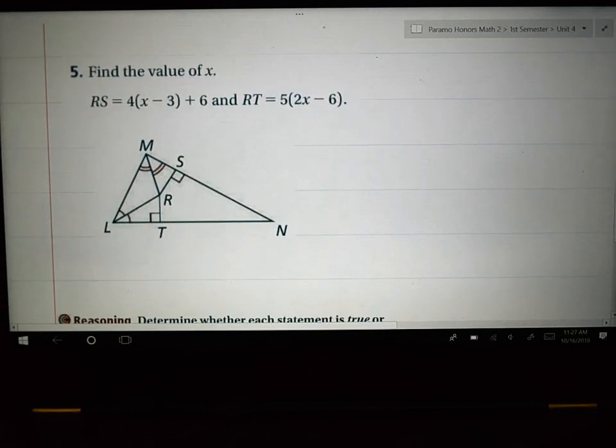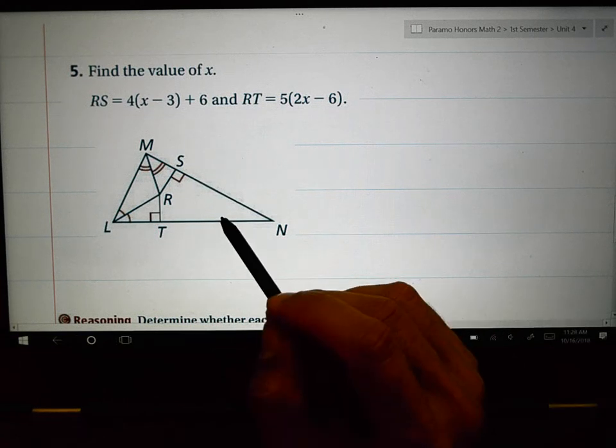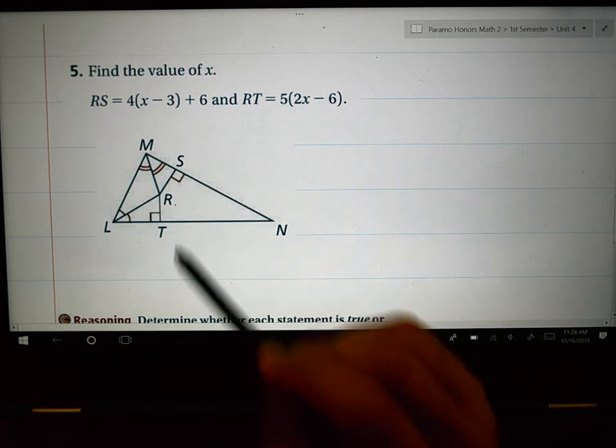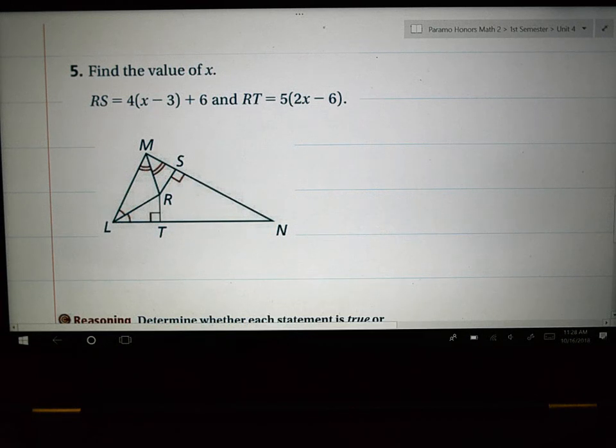Number 5. R, when I look at it, can you tell if it's an in-center or a circumcenter?